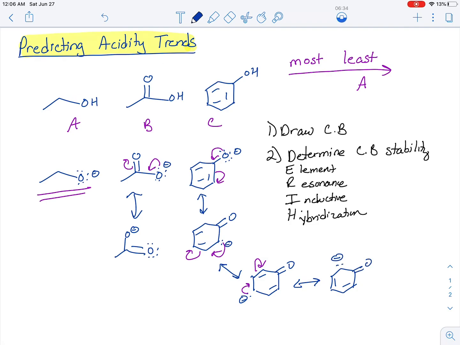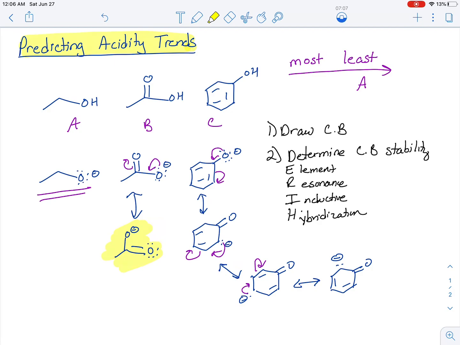Between the two, which one do you think is going to be the most stable conjugate base? Hopefully you realize that it's going to be the carboxylate. Why? Because in this case, the negative charge ends up on oxygen.